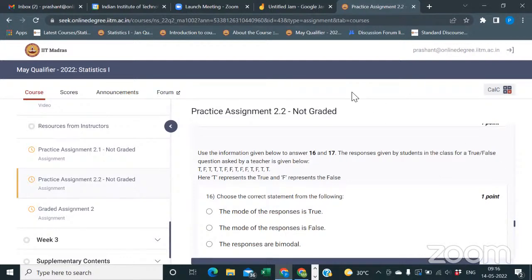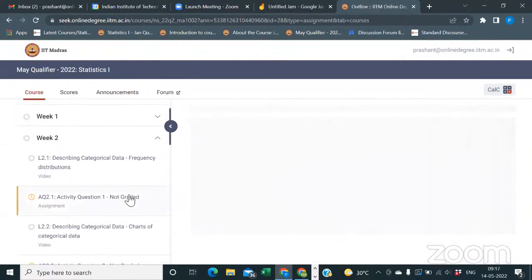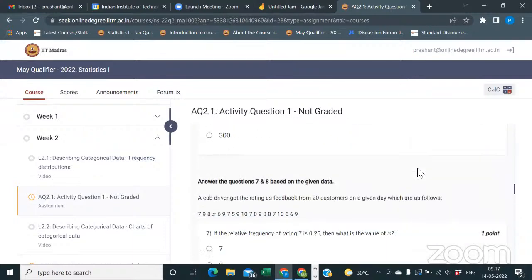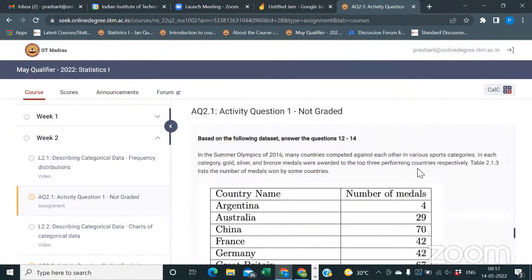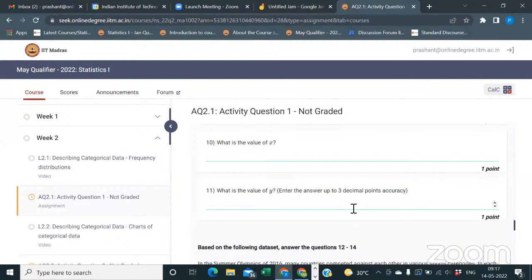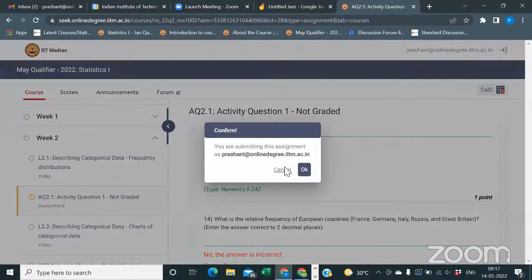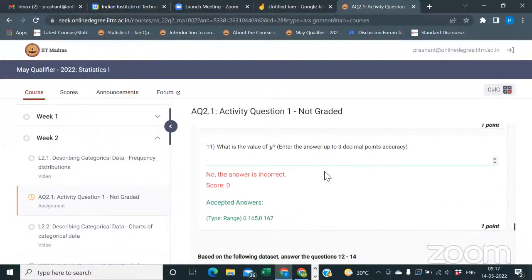Umang has asked about 2.1, question 11. I have answered 1.666, but it is asking me to type a range from 0.165 to 0.167.